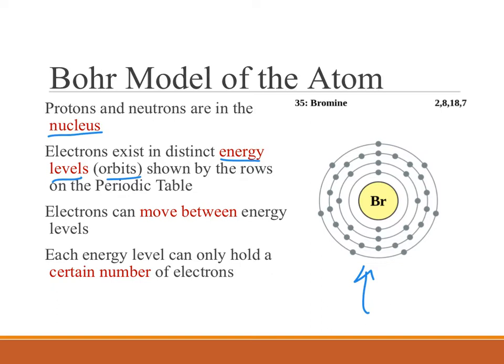The Bohr model was very useful in helping us understand that electrons can move between energy levels. They can jump up to a higher energy level when the electrons have been excited by adding heat or light energy. Then those electrons will not stay in that higher energy level. They will eventually drop back down, and as they come back down, they emit light.